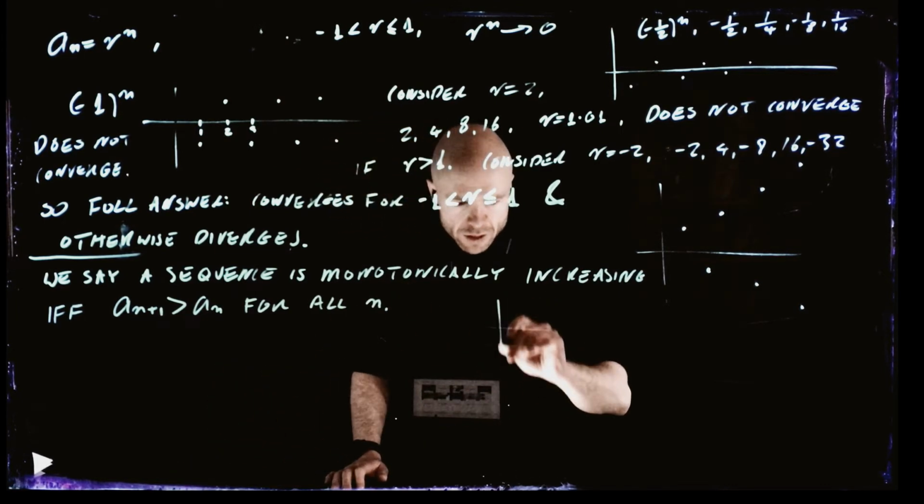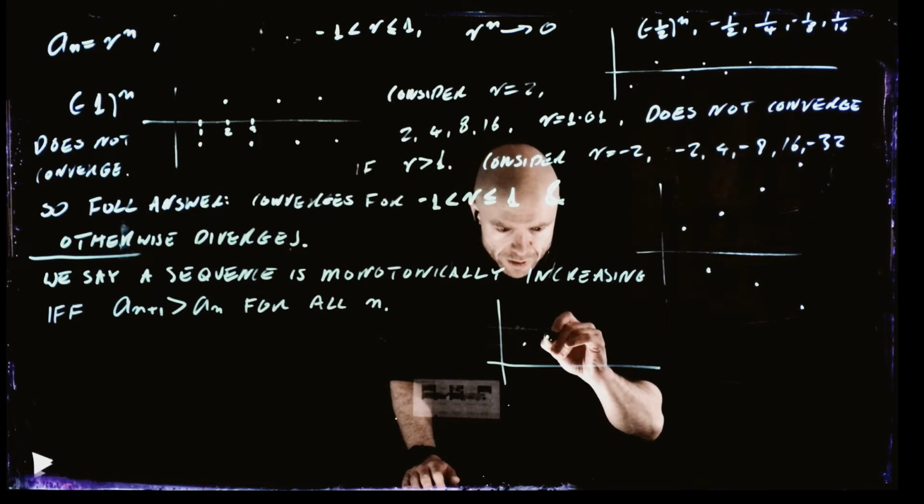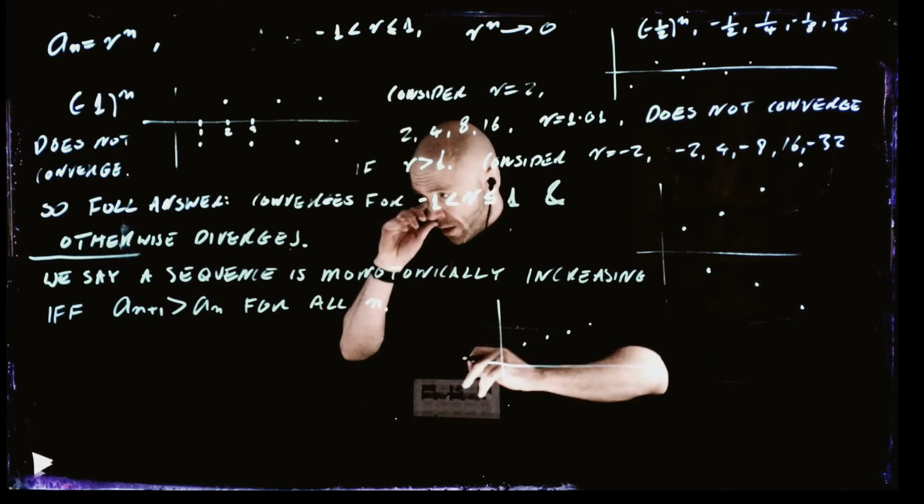So what does that mean? That means each guy is bigger than the guy before. So if this is a_1, a_2 is bigger, a_3 is bigger, a_4 is bigger. It's a clear, obvious geometrical meaning, right?